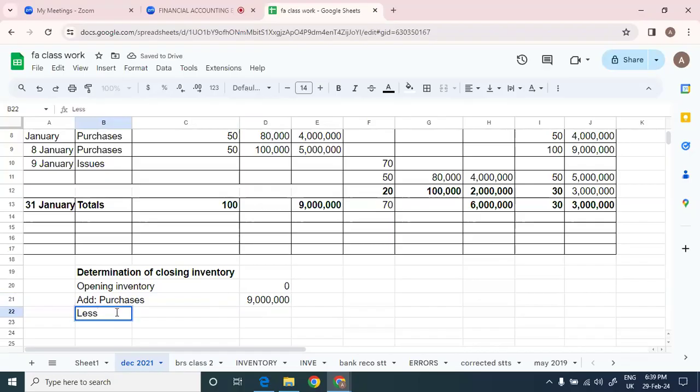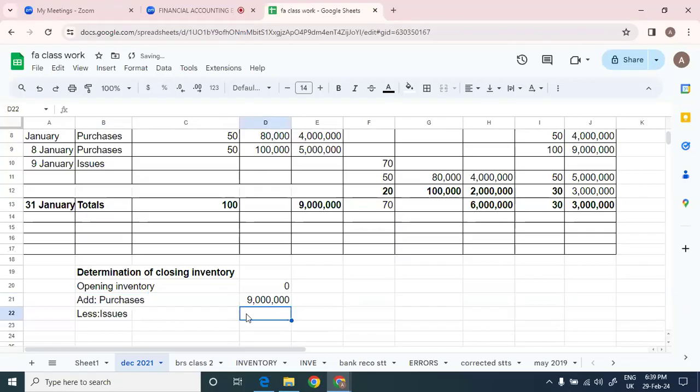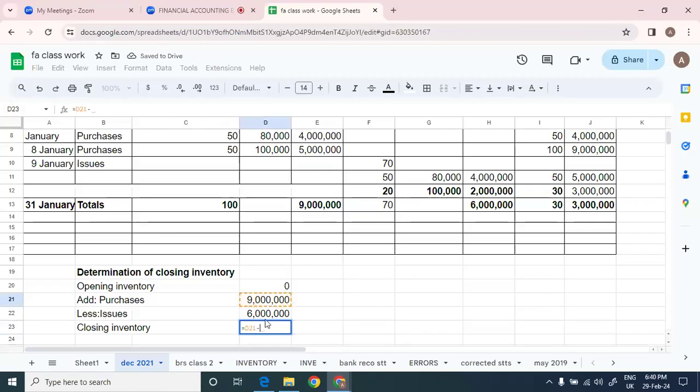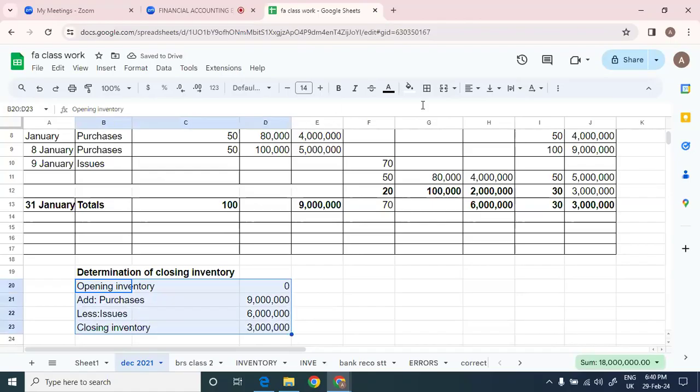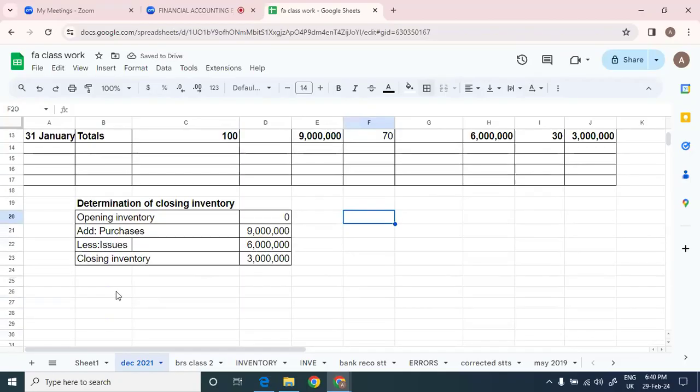We less our issues of 6 million, we get our closing inventory of how much? 9 minus 6, we get 3. I close my table. I'm done.